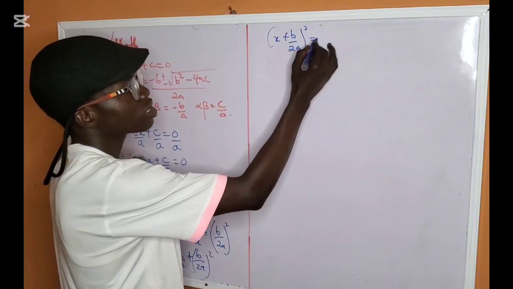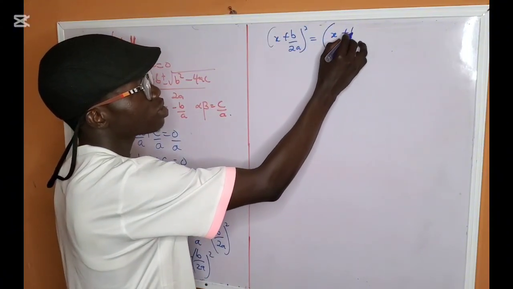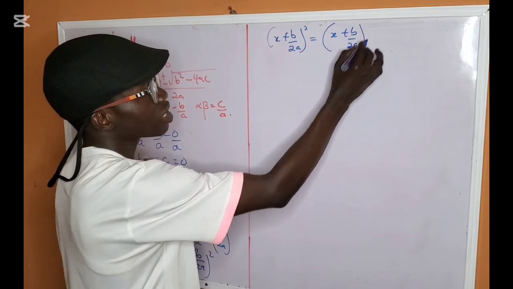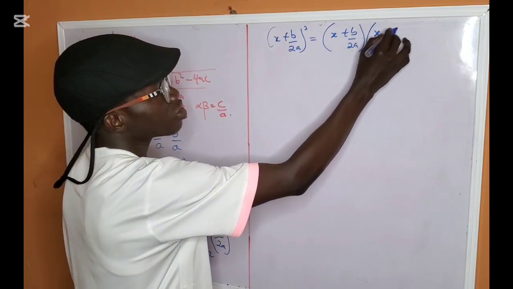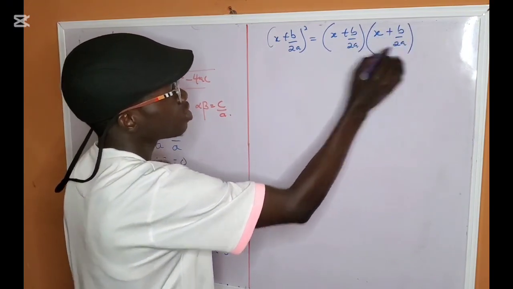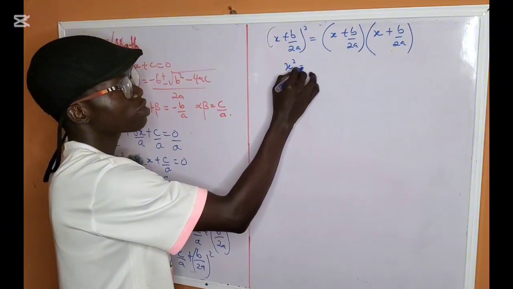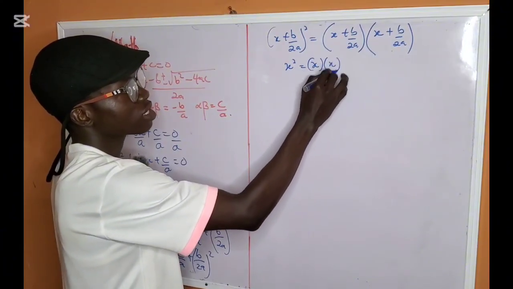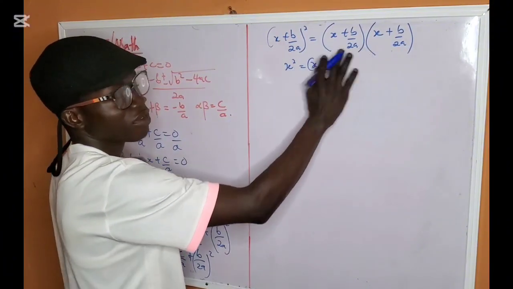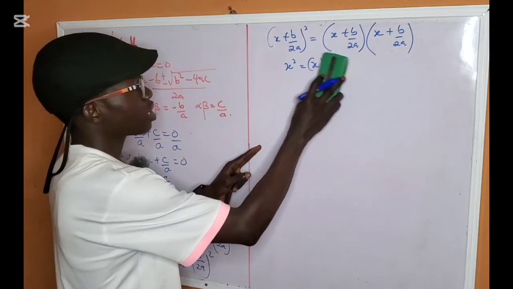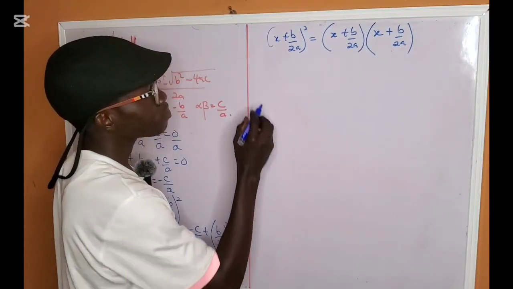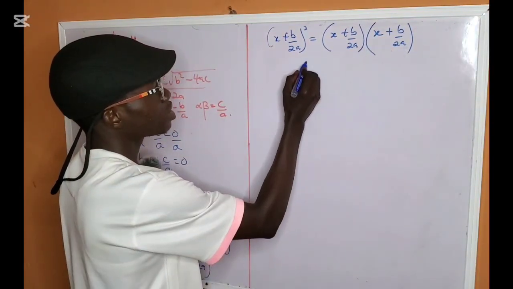That is the same thing as x plus b over 2a in bracket, times x plus b over 2a. Remember, x squared is the same thing as x bracket x. So if this is x, I'm having it in two places. That's what I did there. Next, I need to expand this.